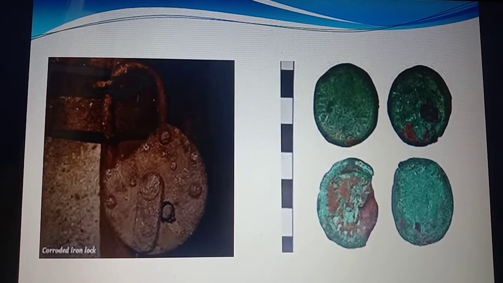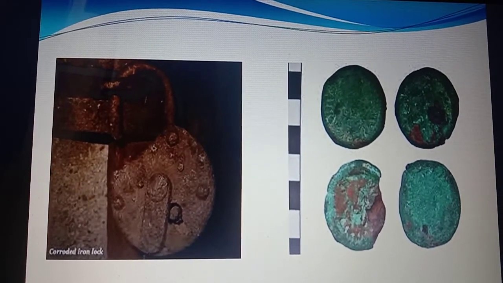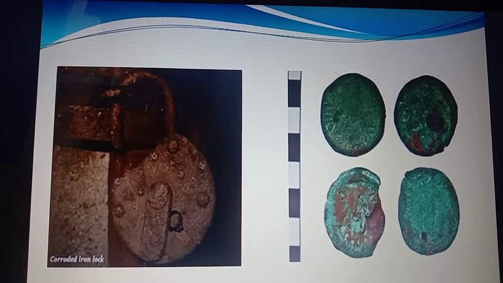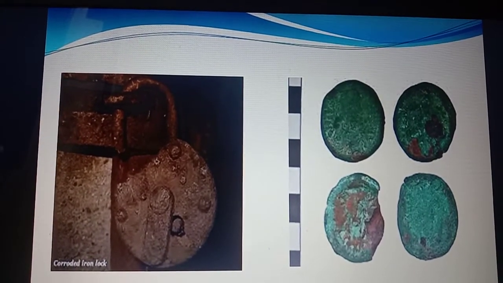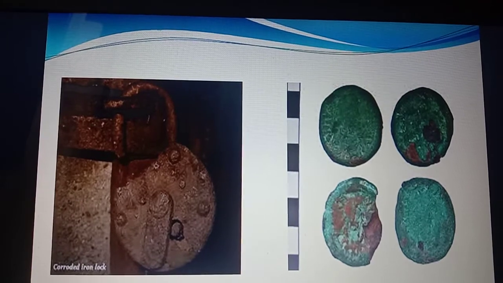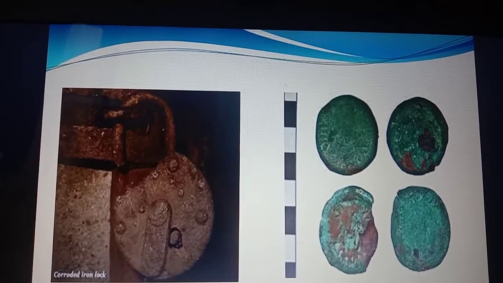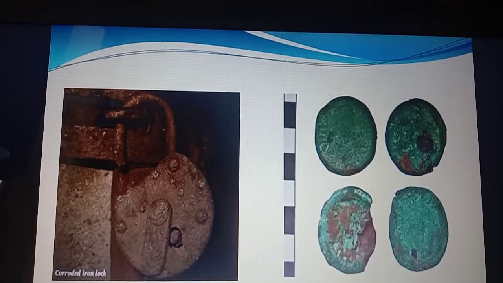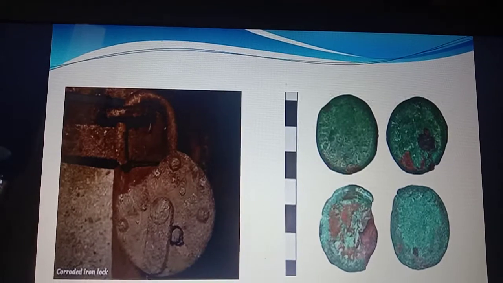In the first picture, you see an iron lock. Here in this case, rusting has taken place. And in the second picture, these green objects that you see are actually the copper coins after their corrosion. You can even see the reddish brown metal in one of these coins, which is underneath this green coating.